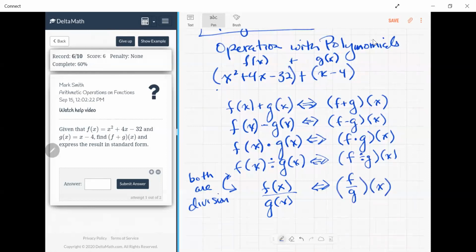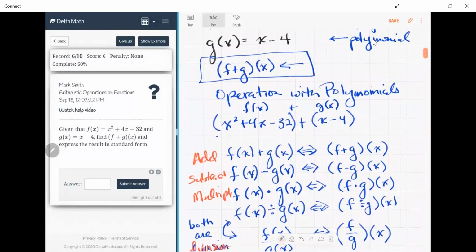All of those things mean the same thing, and all we're doing is adding, subtracting, multiplying, or dividing polynomials. Since you've already done that, we really don't need to think about the operations with polynomials part. We just need to think about this notation and what it means. So this means add, this means subtract, this means multiply, and the last one is divide.